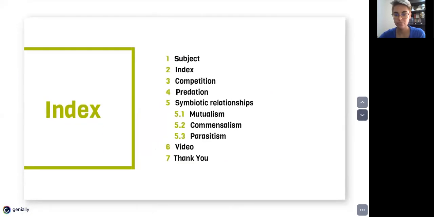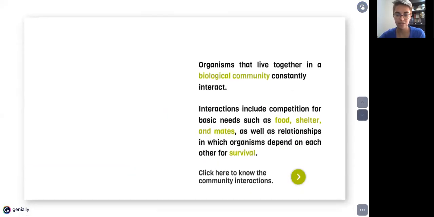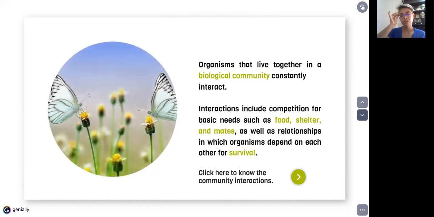Very good. This is the index. Okay, so just for you to remember, organisms that live together in a biological community constantly interact, right? They need interaction. They feed on other organisms. They need shelter. They need a place to live, right? Well, these interactions include competition for meeting their basic needs.